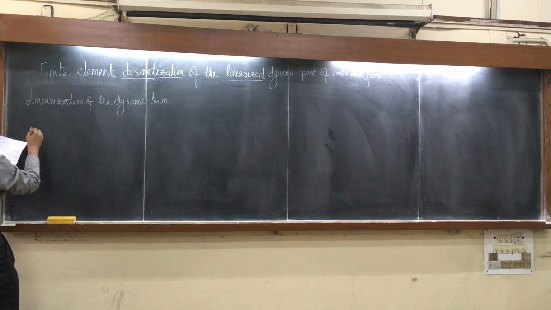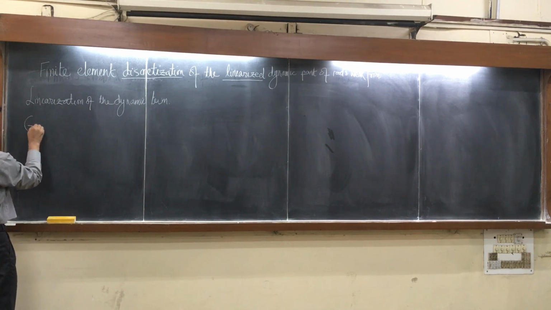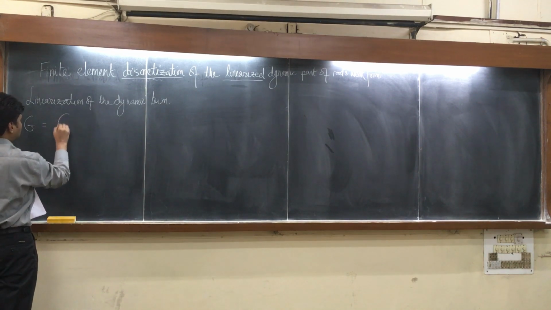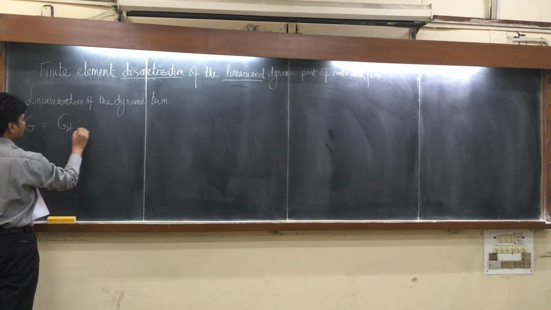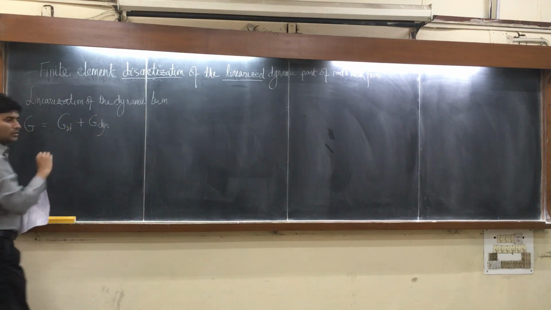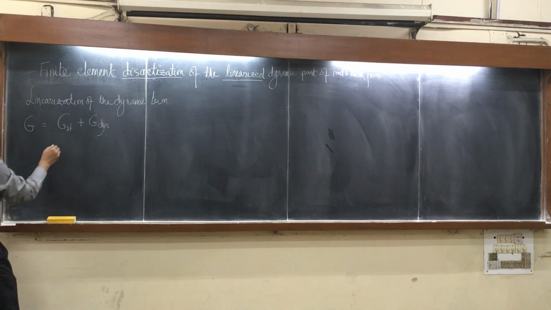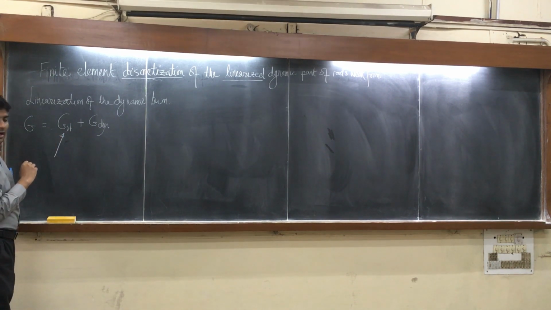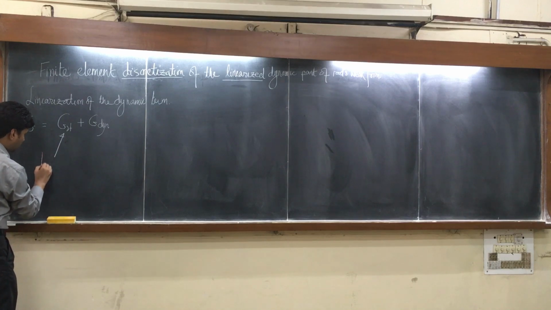Okay, so if you write in an abstract sense, you have G, which is the total weak form, and that's G static plus G dynamic, right? And G static, we have already studied how to linearize and further discretize.